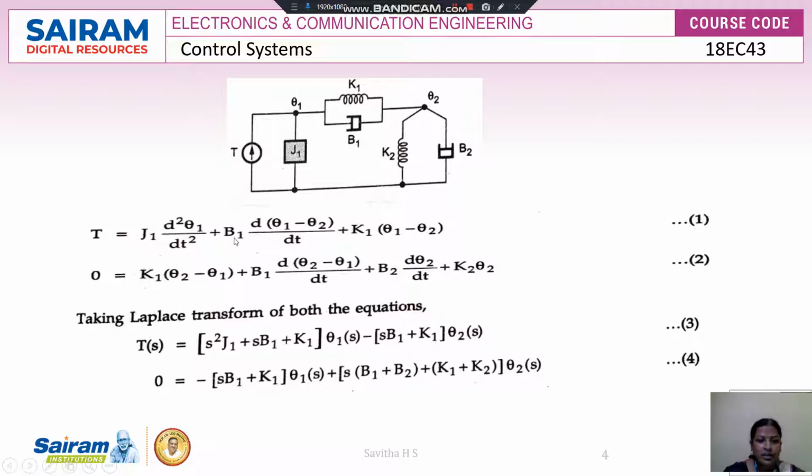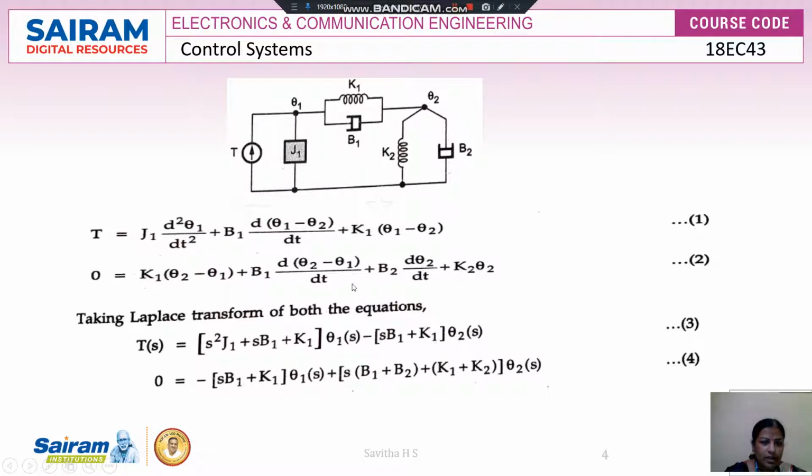Similarly, we write the Laplace transform for the second expression. This is 0, and here also we take theta 1 of s as common, so the value is minus (s B1 plus K1) theta 1 of s.